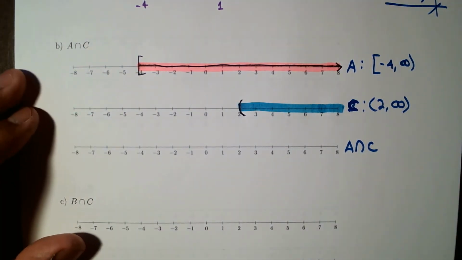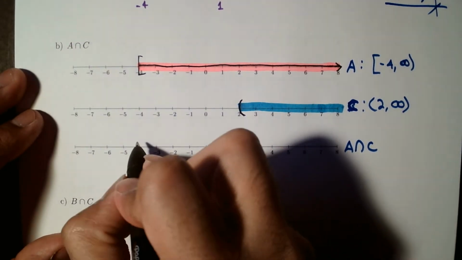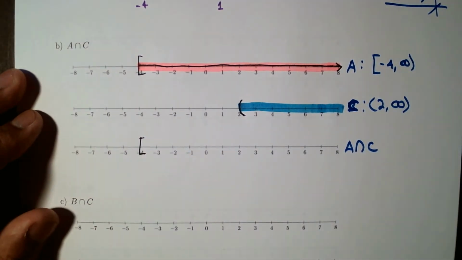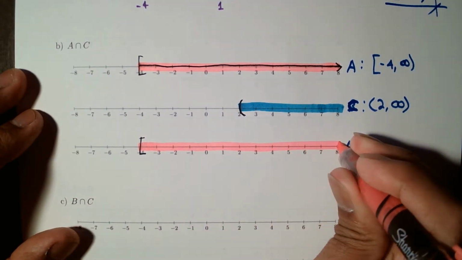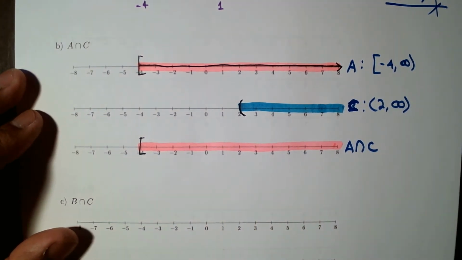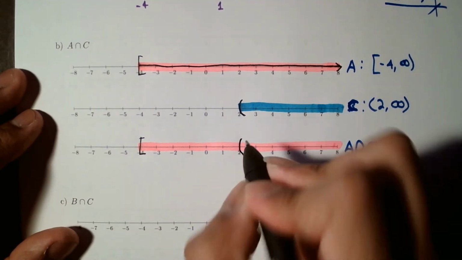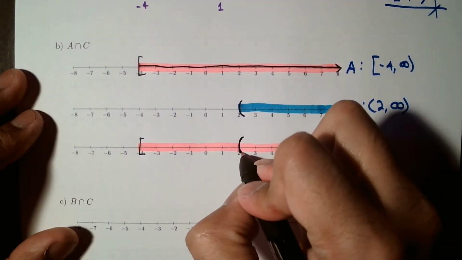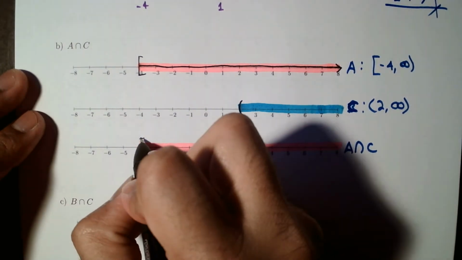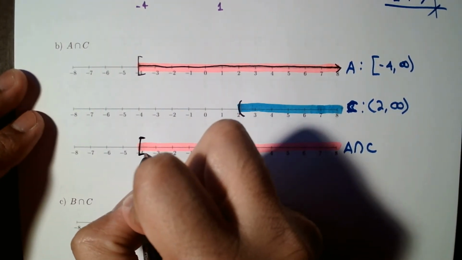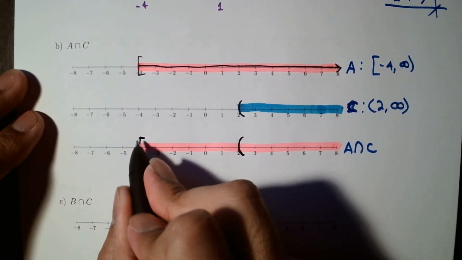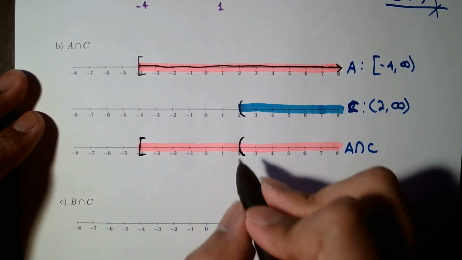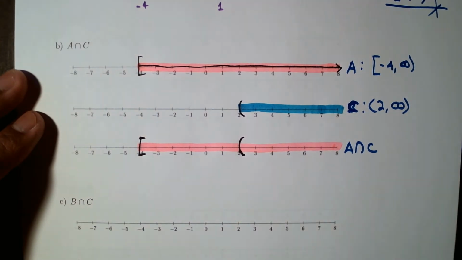So I'm going to do that's set A, and then parentheses, be careful. When you write parentheses and brackets, be sure brackets have sharp corners and parentheses are really curvy, so they look like actual parentheses.